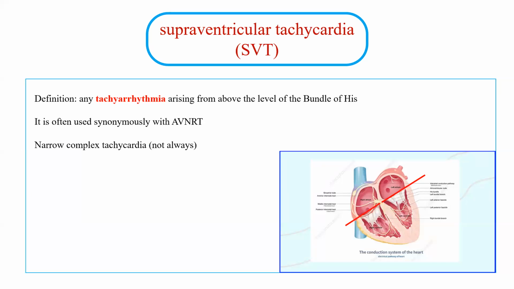Or the patients may have aberrant conduction that makes the conduction slower as well. Or there is an accessory pathway altering the normal flow of electricity. So it could be a narrow complex or a wide complex tachycardia, and we don't use the complex width to classify supraventricular tachycardia, because any SVT could be narrow or wide according to the structure of the heart itself.